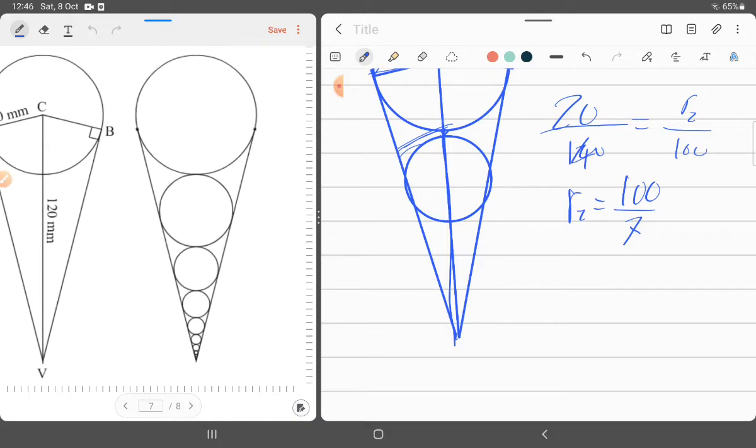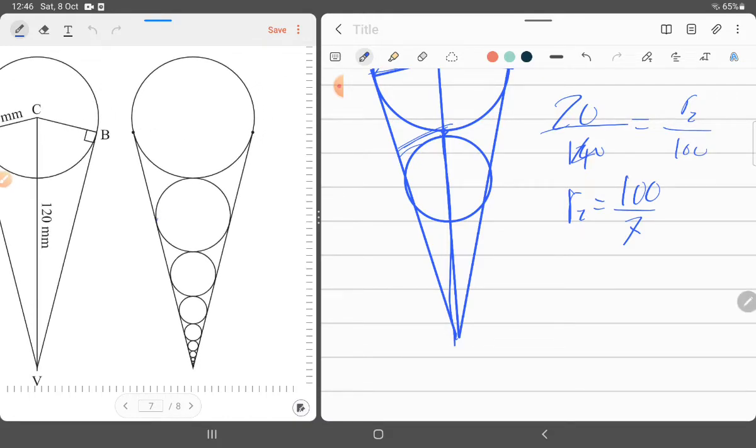Actually, over there is another diagram here. So yeah, we created this and this. And they are similar triangles. Right.